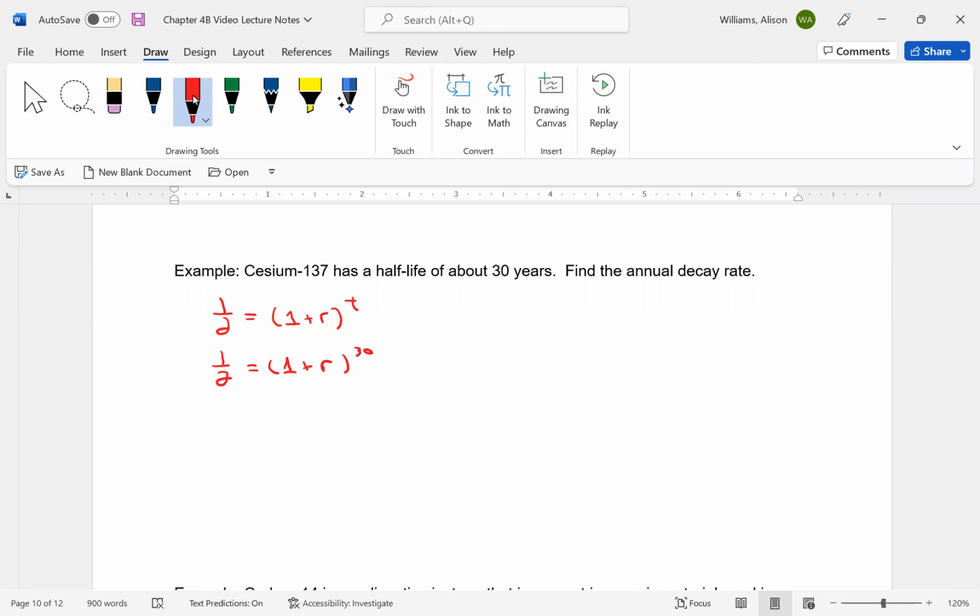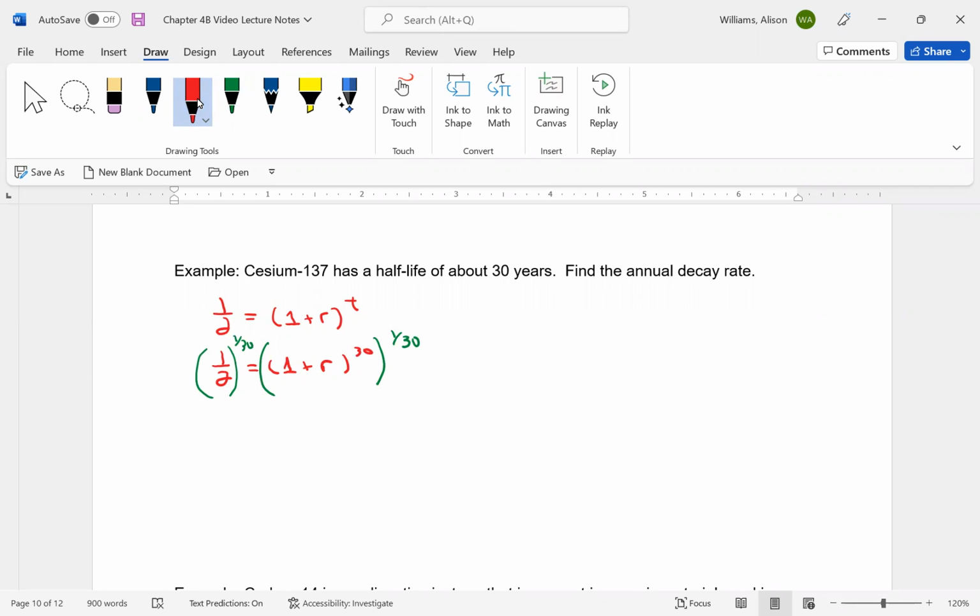To solve this equation, I actually don't need to use the natural log. I can take the 30th root of both sides, but really what I'm going to do is raise both sides to the 1/30th. That's just easier to put in the calculator. So 1/2 to the 1/30.